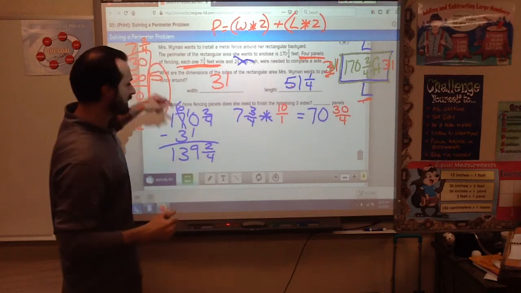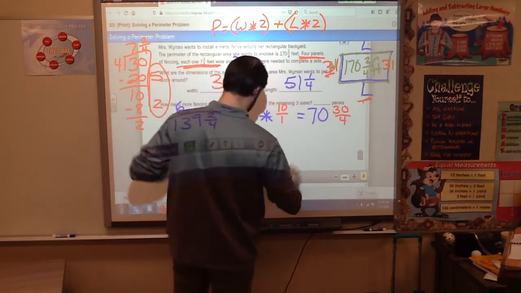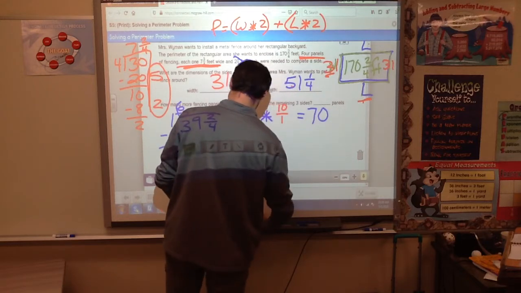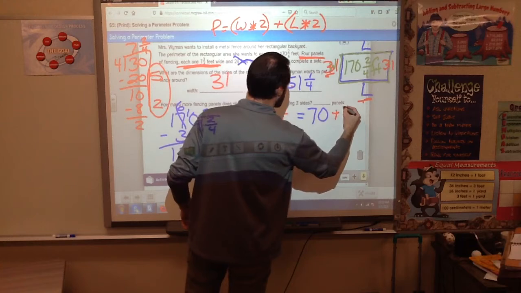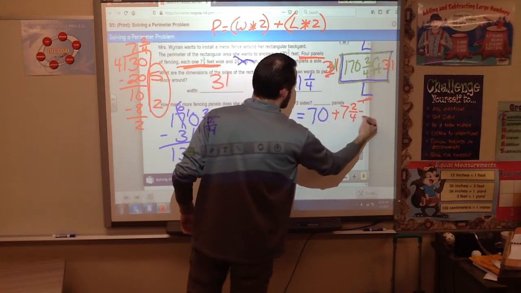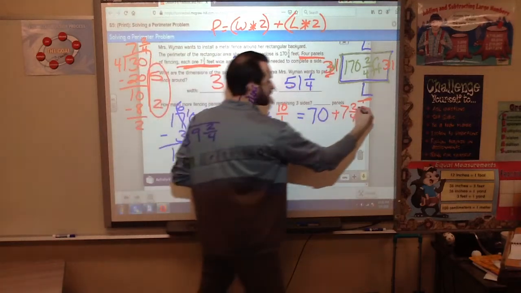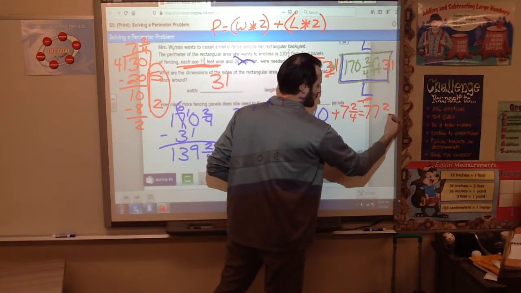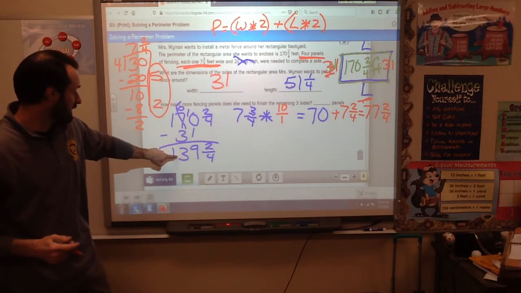So instead of writing it as 30/4, I can write this as 70 plus 7 and 2/4. What would the total be then? 77 and 2/4.